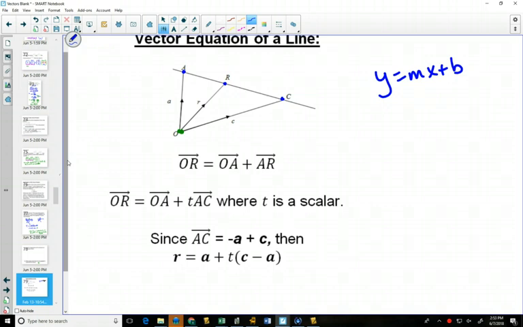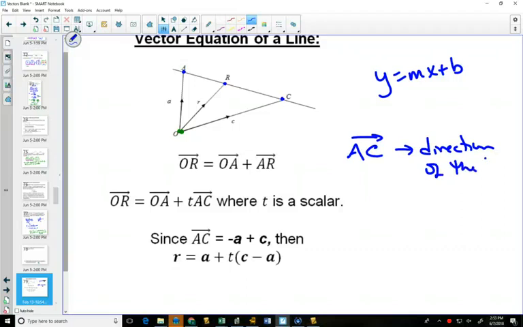So I'm going to call, in this picture, A to C the direction of the line. So if you know 2 points on your line, you can find the direction vector in between those 2 points, and every point on the line will be in that direction. Okay?